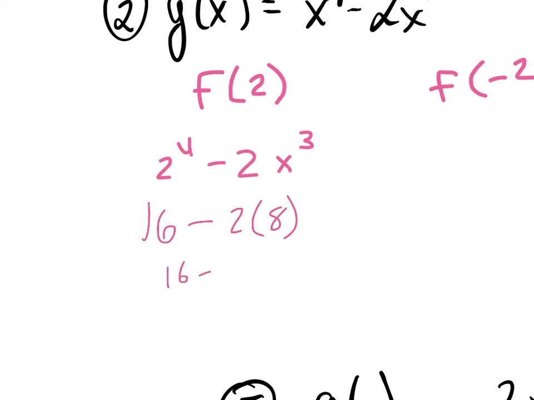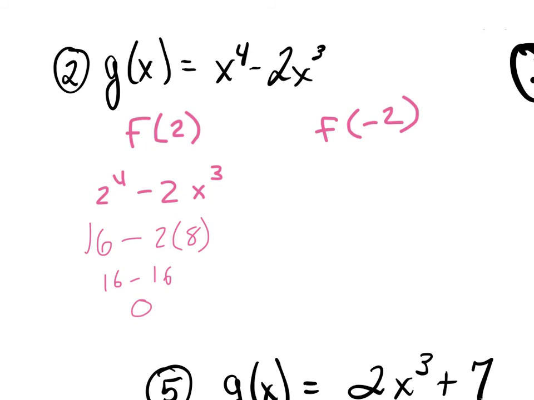So we got 16 minus 16, which is 0. Now we plug in negative 2, and we get negative 2 to the 4th power minus 2 times negative 2 to the 3rd power. Negative 2 to the 4th power would be 16. Negative 2 to the 3rd power is negative 8, and negative 8 times negative 2 would be positive 16.